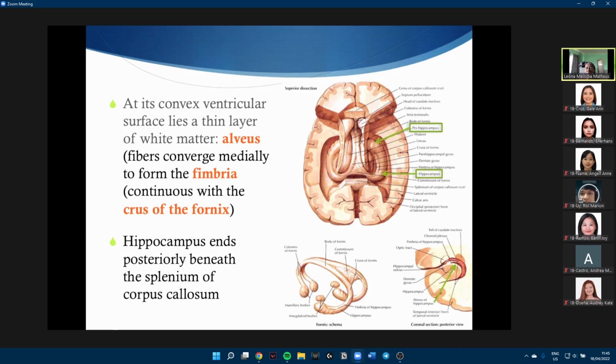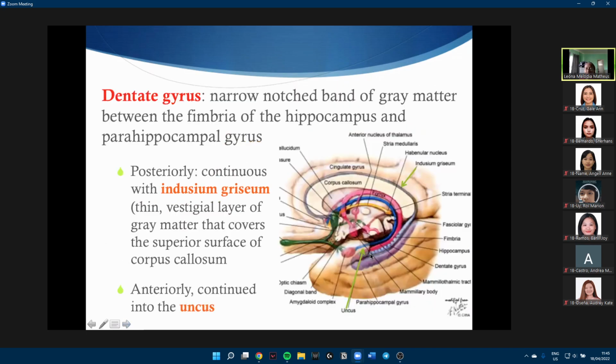So that is our structure, the hippocampus. All right. Then let's look at your dentate gyrus. It is described as a narrow notched band of gray matter found between the fimbria of the hippocampus, remember the fimbria is supposed to be here on the upper surface, and your parahippocampal gyrus.